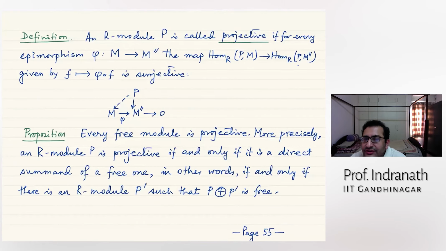The moment you have an epimorphism here, projectivity means that if you have any map from P to M double dash, then you have a map from P to M such that this diagram is commutative, which means that this map at the level of Hom is surjective.